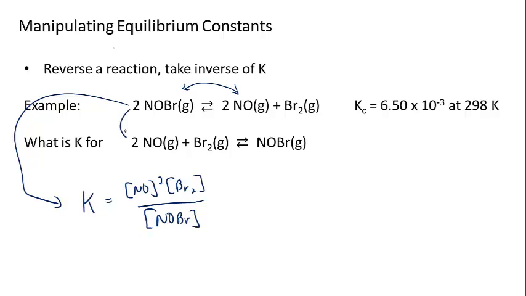When you turn it upside down, you'll turn those upside down because you're switching the products and the reactants. So K for this is equal to 1 over 6.50 times 10 to the minus 3. That comes out to 154.